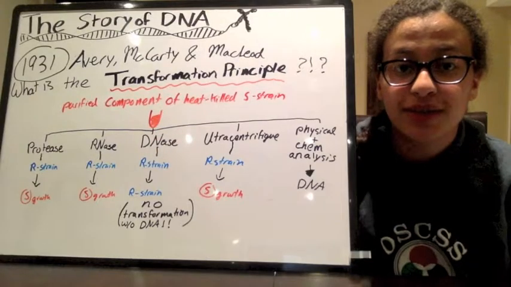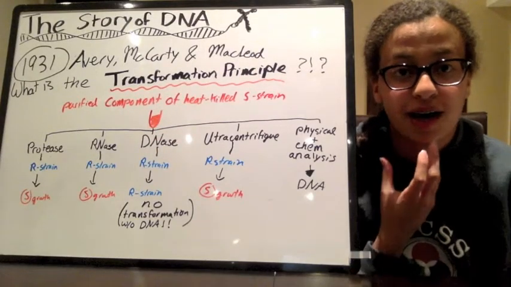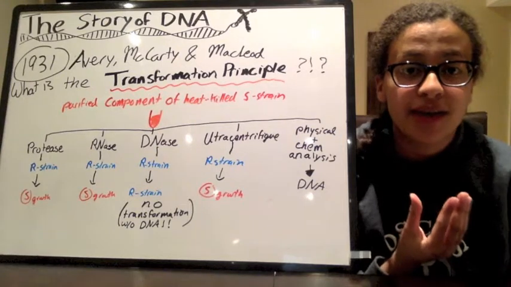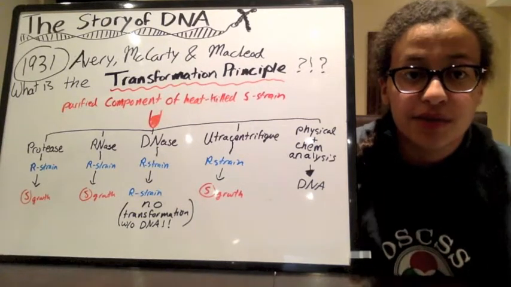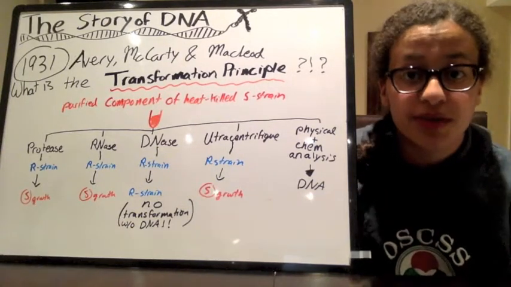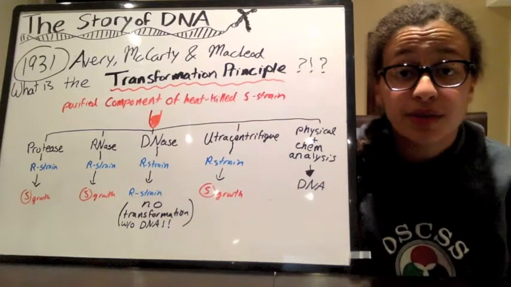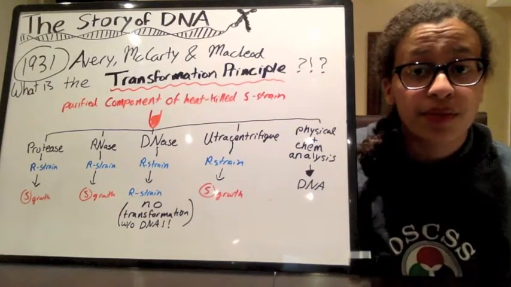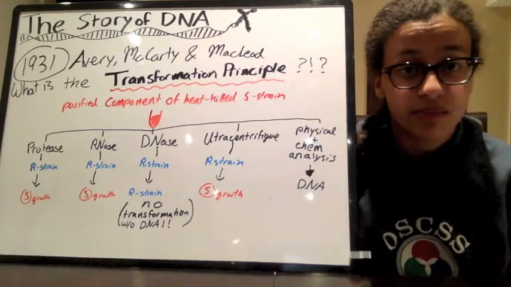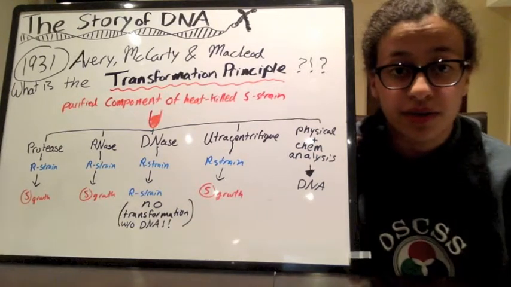Okay, so Avery and his team took this transformation principle and exposed it to a bunch of different enzymes. The first one was protease, which breaks down proteins. If the proteins are broken down, they're not going to be able to do anything, and therefore they cannot cause a transformation.